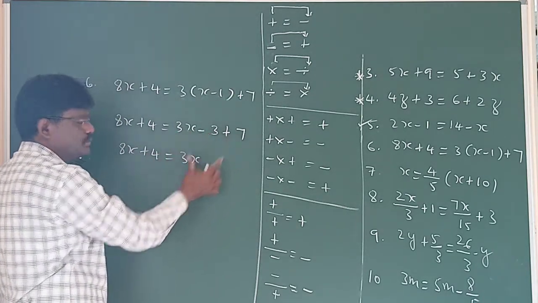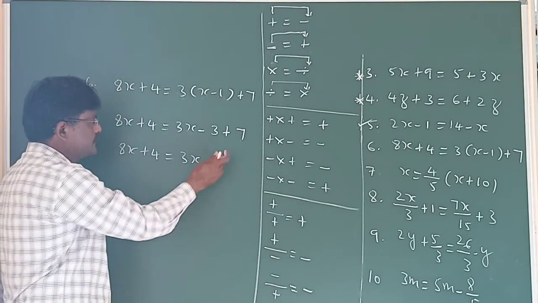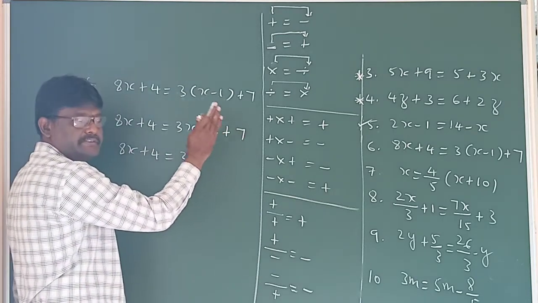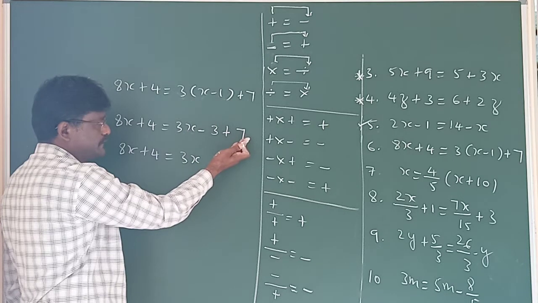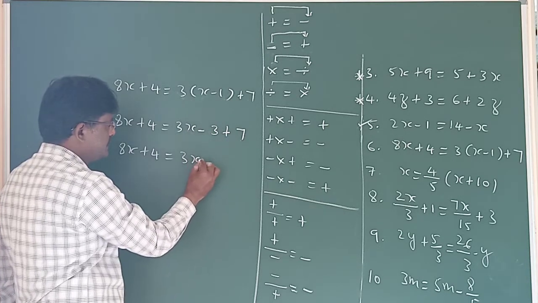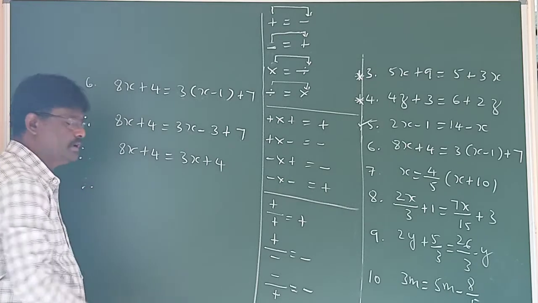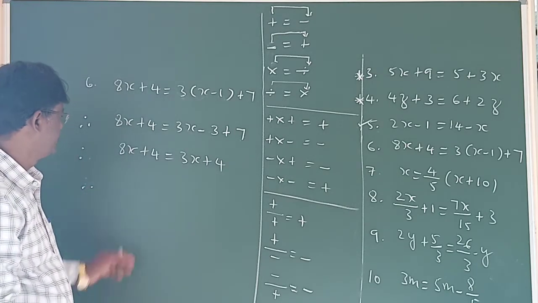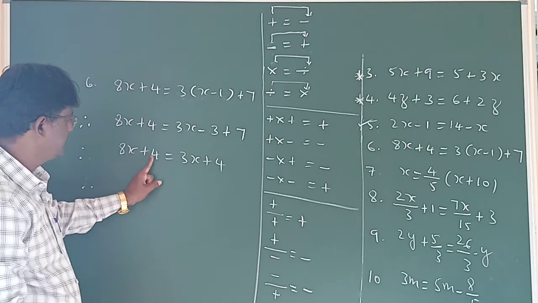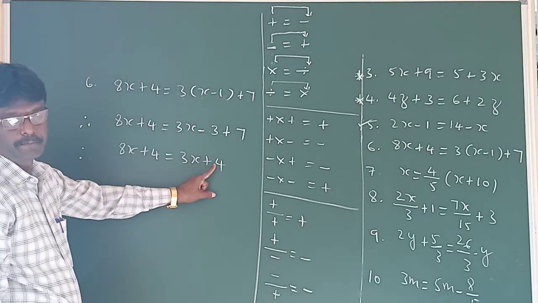What about these two constants with opposite signs? Whenever signs are opposite, then go for subtraction. 7 minus 3 is plus 4. Now just you see, here we have plus 4, here also we have plus 4.